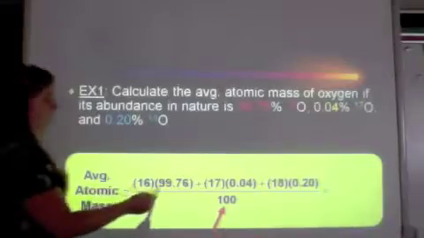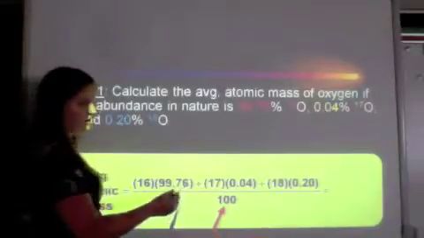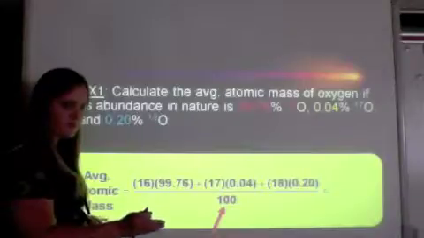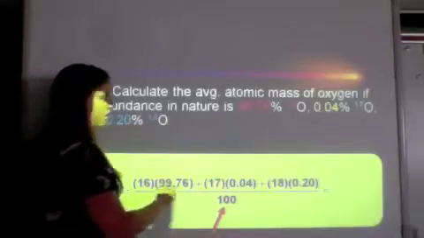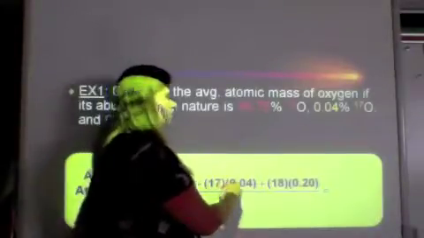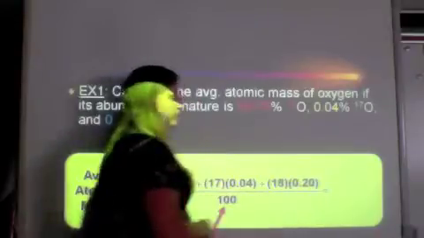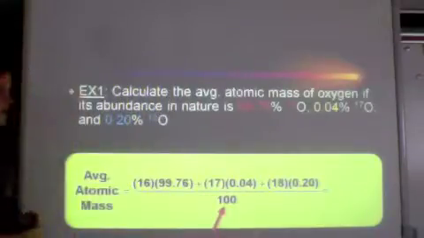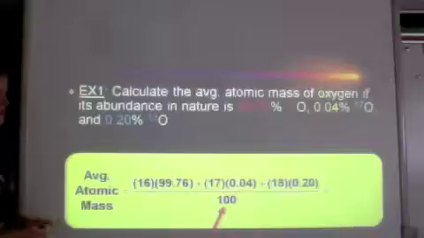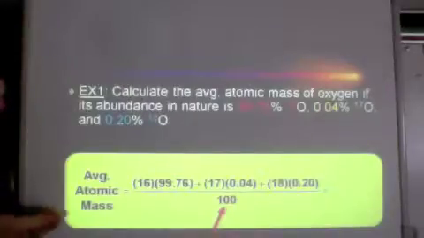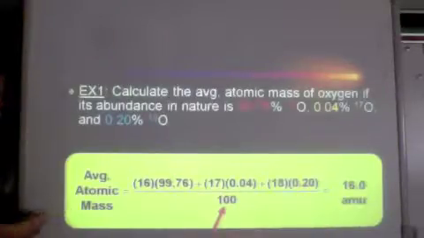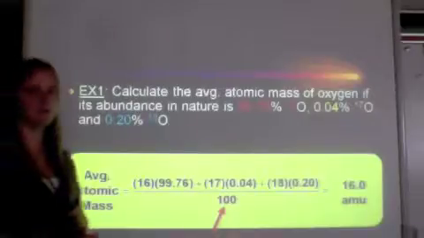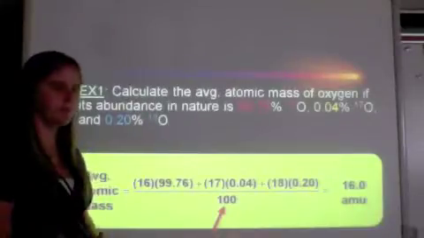So 16 times 99.76. Do not put the percent signs, you're just putting the numbers directly there. Plus 17 times 0.04 plus 18 times 0.20. All divided by 100. Plug that in the calculator, and you should get 16.0 AMU.